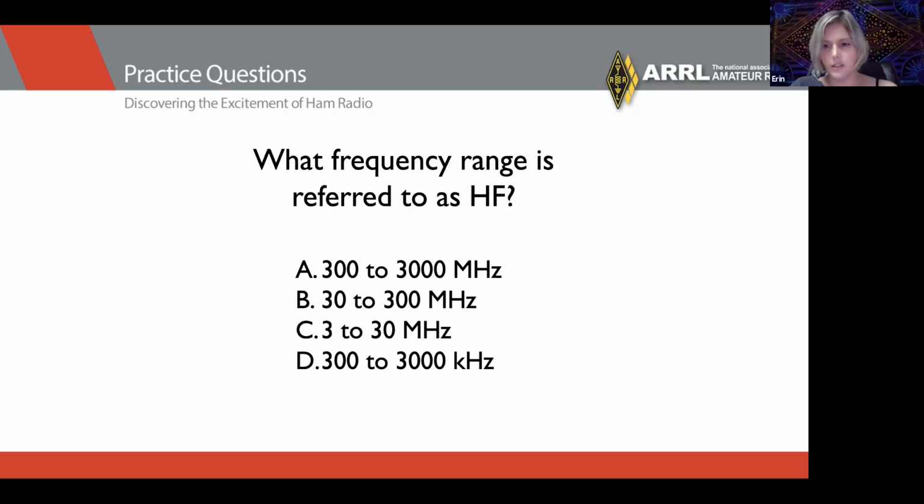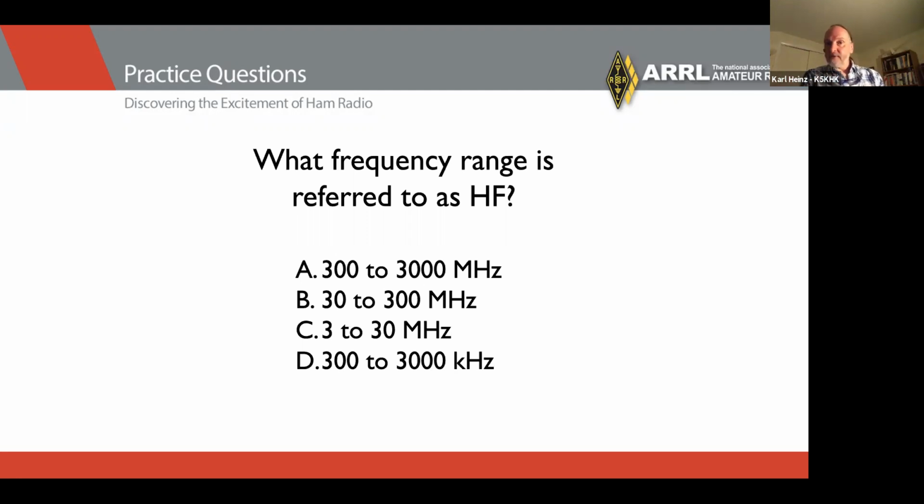As I said, we share the HF spectrum with, for example, commercial radio broadcast stations. Shortwave broadcast stations are right next to us. And there are other users in the HF spectrum. The military is a big user of spectrum in general. So you find them everywhere, interspersed with ham radio.